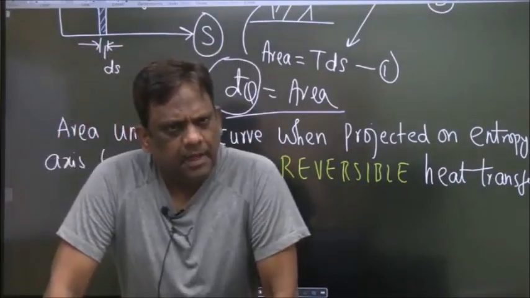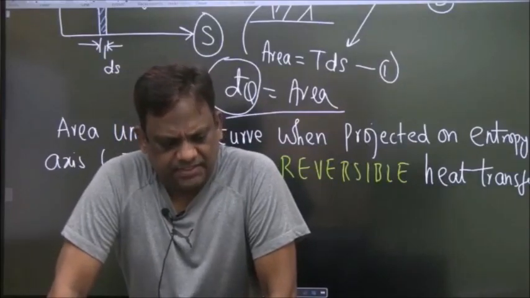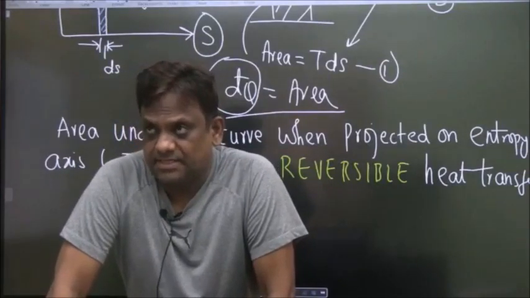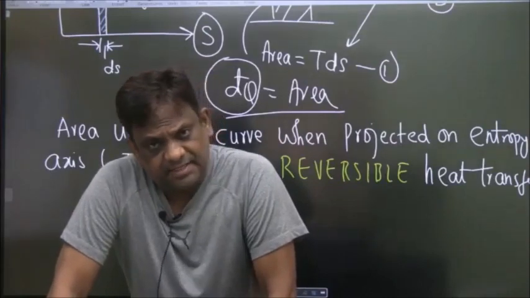Area under the curve when projected on the entropy axis gives reversible heat transfer.